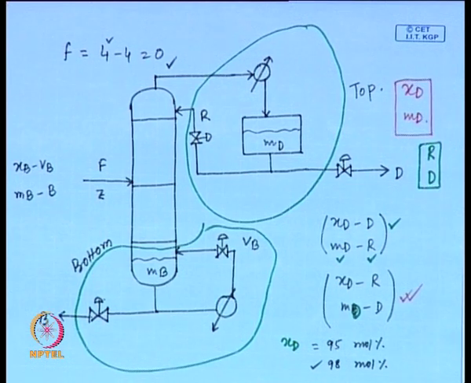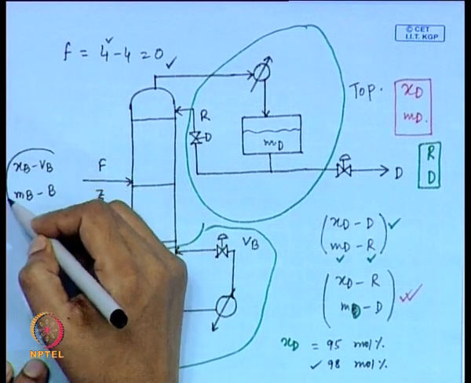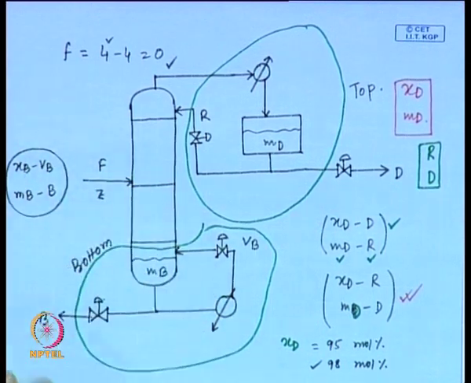You see m b can affect the process, fine, but b is leaving the process. So, in a similar way as we discussed for the top section, this is the best option for the bottom section, x b versus v b and m b versus b.